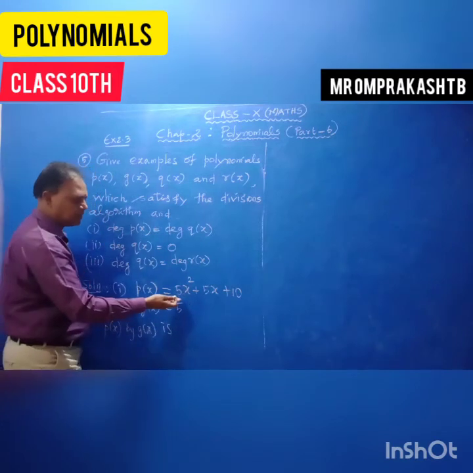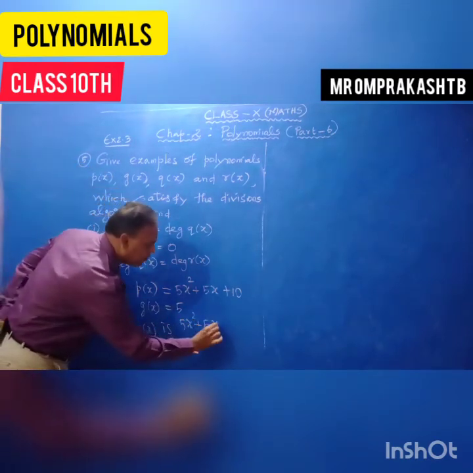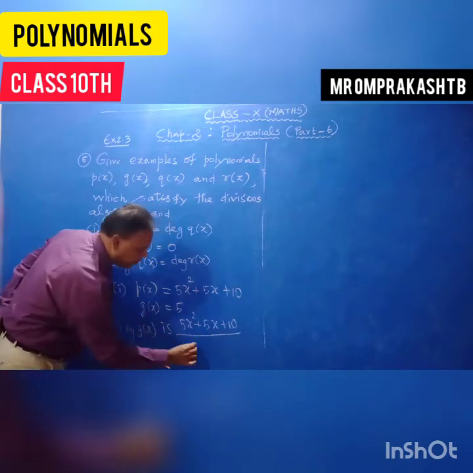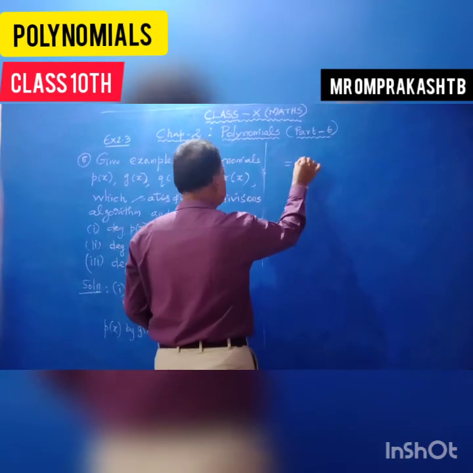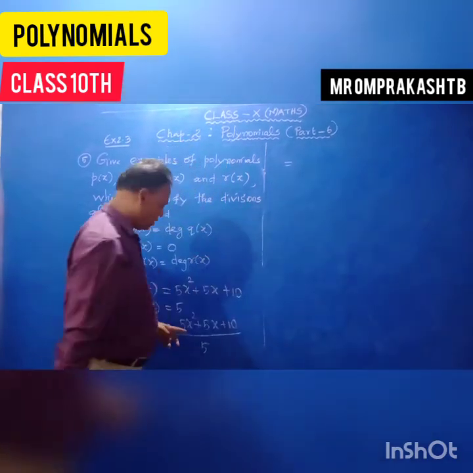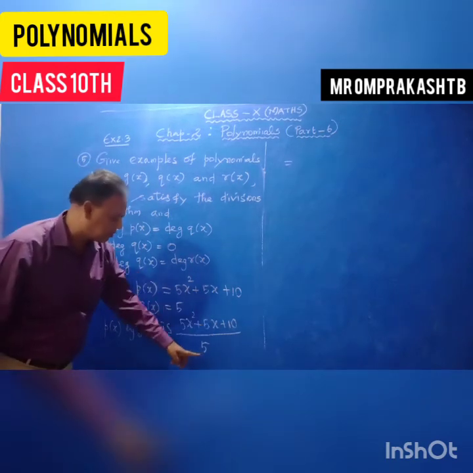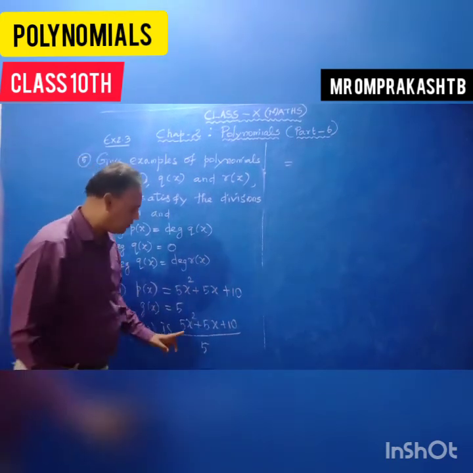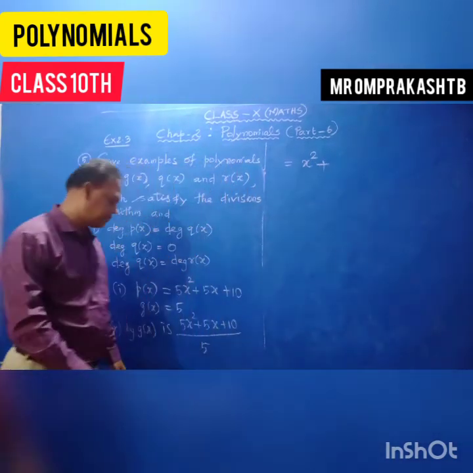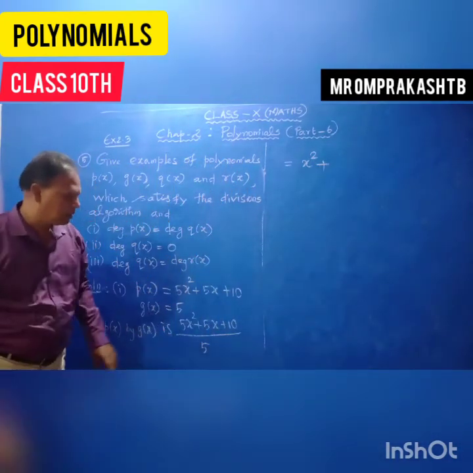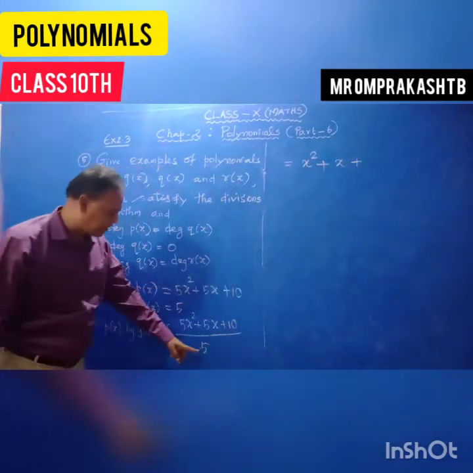Just an ordinary division, that is 5x squared plus 5x plus 10 by 5. What will you get? Split all the terms. 5x squared by 5 is x squared, plus x, plus 10 by 5 is 2.